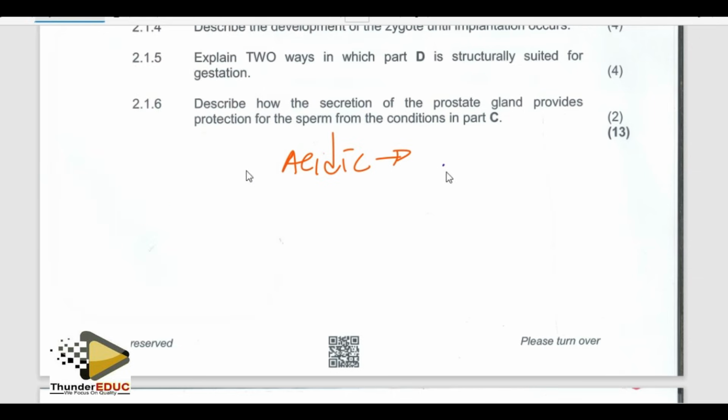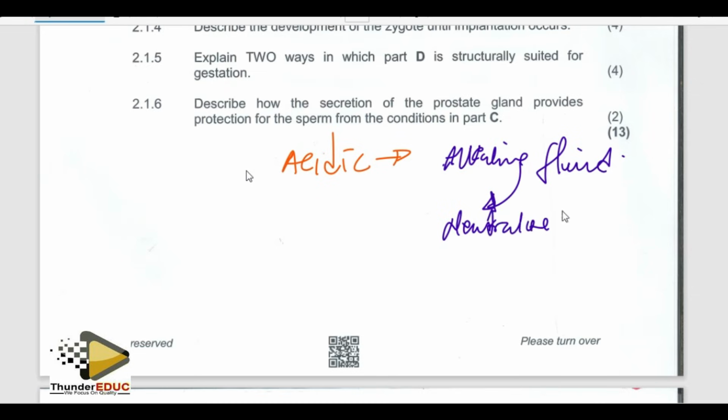The male reproductive structure, that is the prostate gland, is supposed to produce an alkaline fluid. This alkaline fluid will neutralize the acidic nature of the vagina, and then it will be protecting the sperms from being denatured.